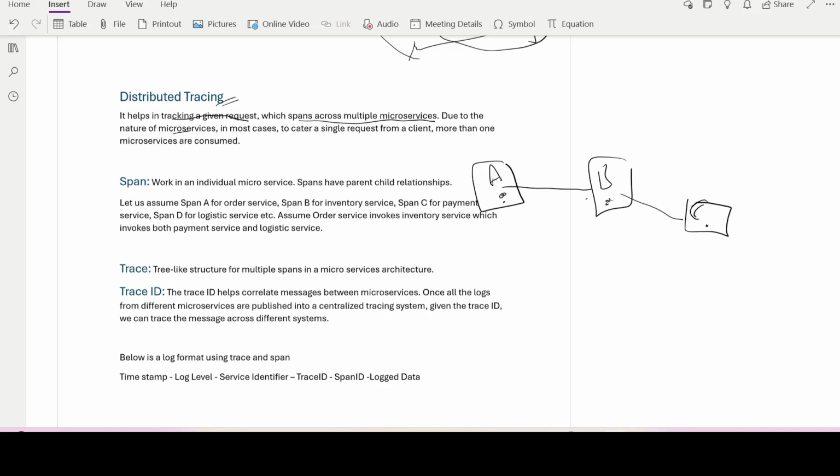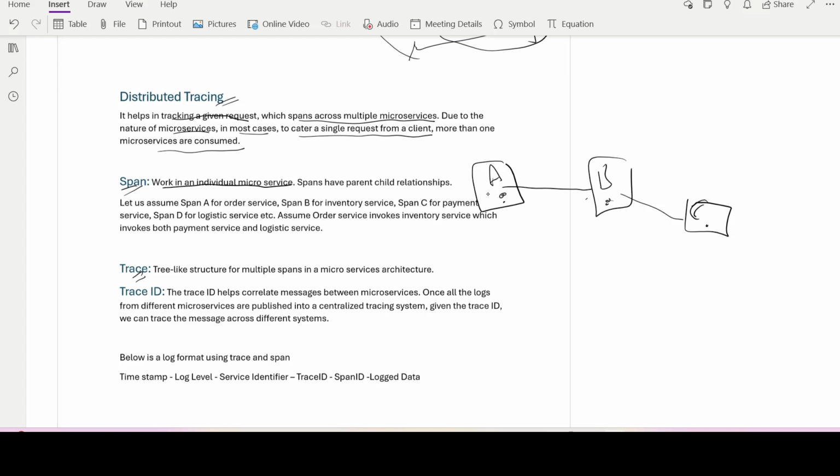Due to the nature of microservices, in most cases, to cater to a single request from a client, more than one microservice is consumed. So for one request, there will be multiple microservices serving that request. Now we need to understand two words, span and trace. A span is the work in an individual microservice.